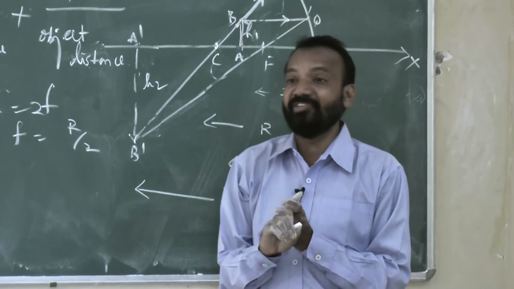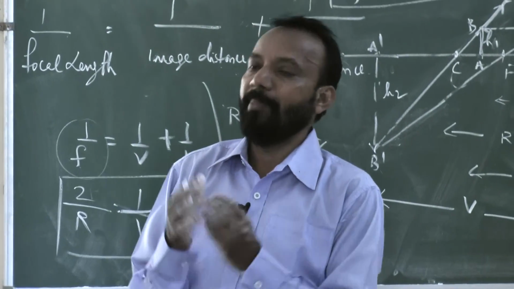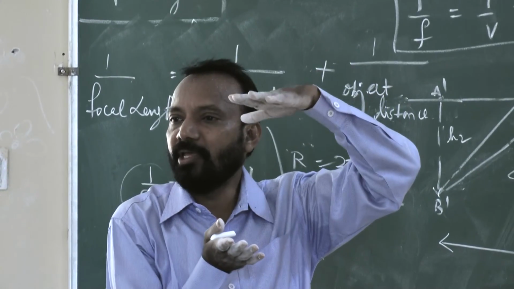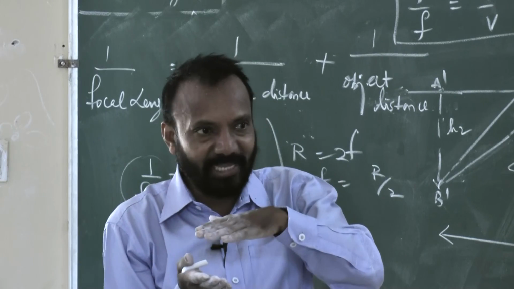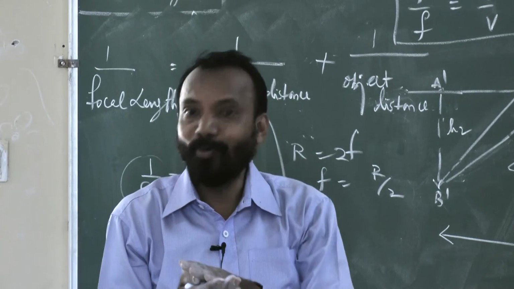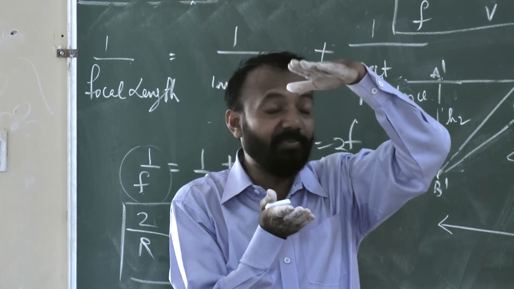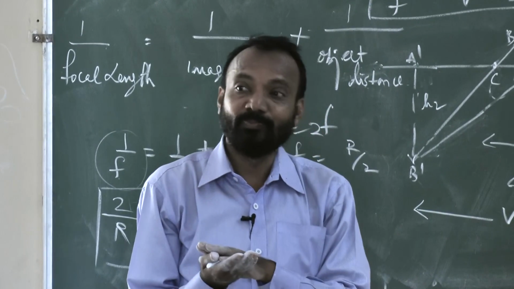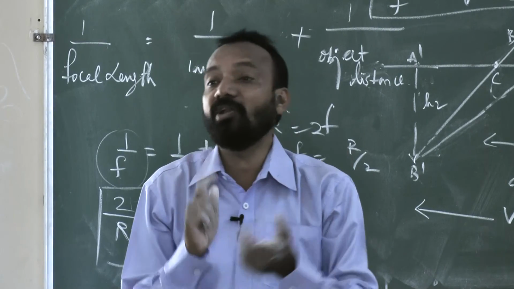Magnification means the ratio between the size of the image I and the size of the object O, I by O. Also, with image distance V and object distance U, it is V by U. That ratio is called magnification.